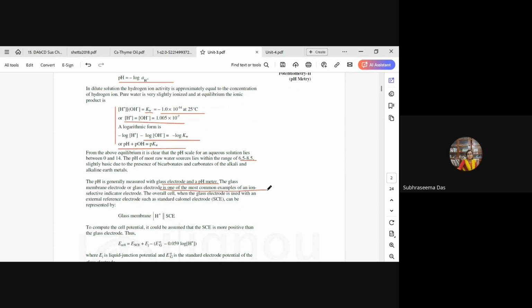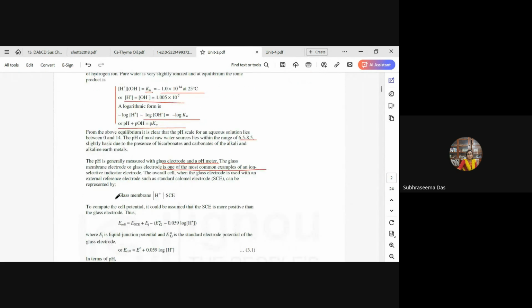When we write the overall cell reaction, with the glass electrode taken along with an external reference electrode, that is the SCE, the standard calomel electrode, we can write it like a normal cell notation: the glass membrane, the single bar, H plus, and the double bar indicating the salt bridge, and the SCE, which indicates the standard calomel electrode.